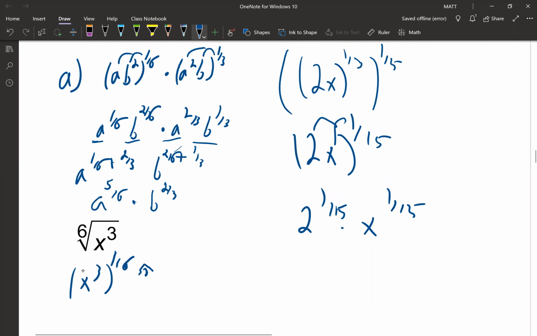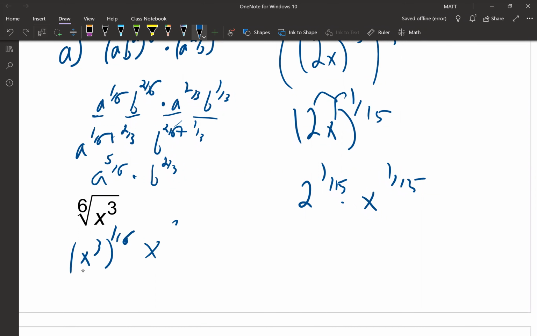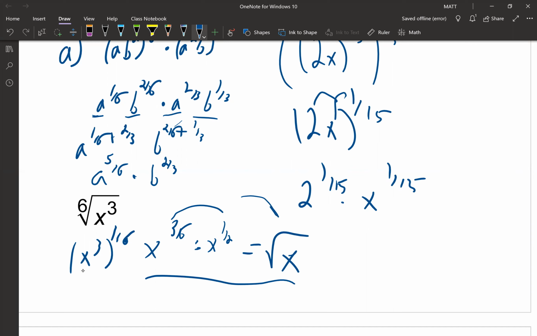So we get x to the 3/6 power, and that's the same thing as saying it's x to the 1/2 power. And if we wanted to change that back to a radical, we could say that's just the square root of x. Any of those last three is correct. This is the most simplified, and this is just changing it back to a radical.